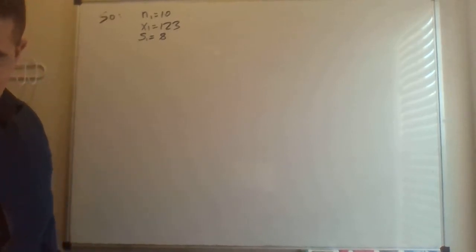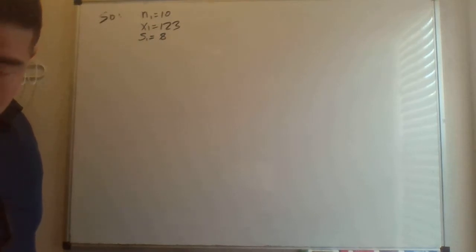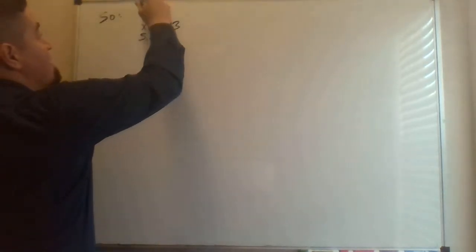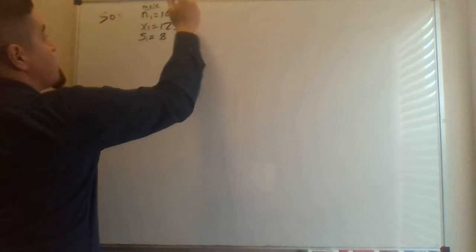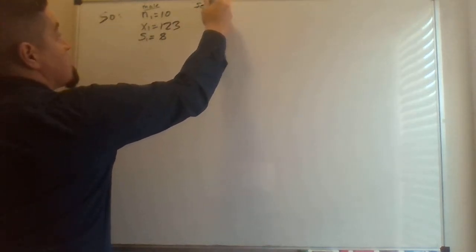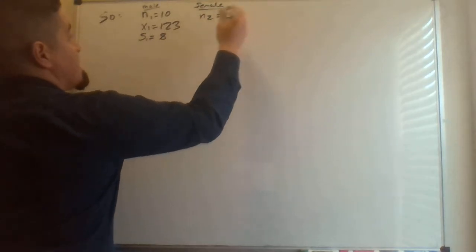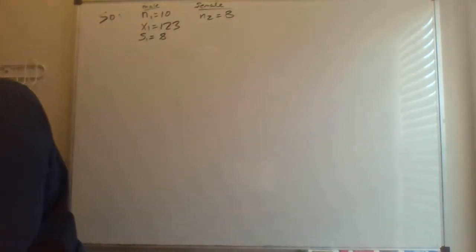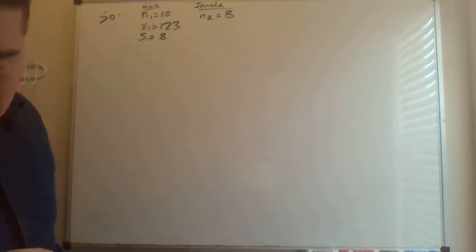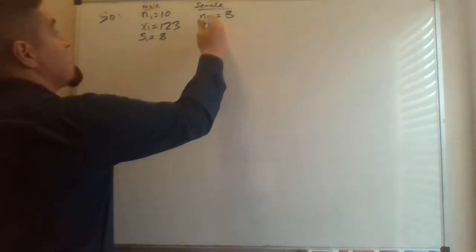So they also give us for the second sample that there's 8 females. I might even want to label this one for male just for myself, and this is for female. So n2 was 8. x bar 2 in the problem was 7 pounds 4 ounces. So 7 times 16 plus 4, that's 116.